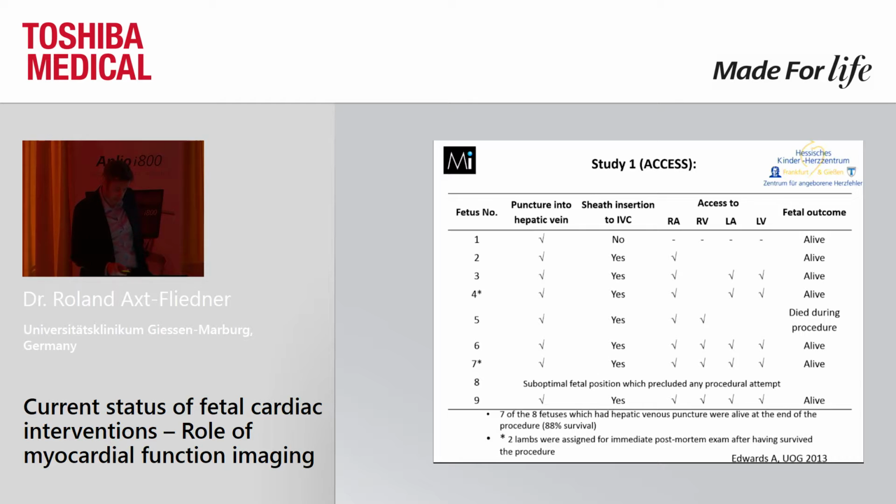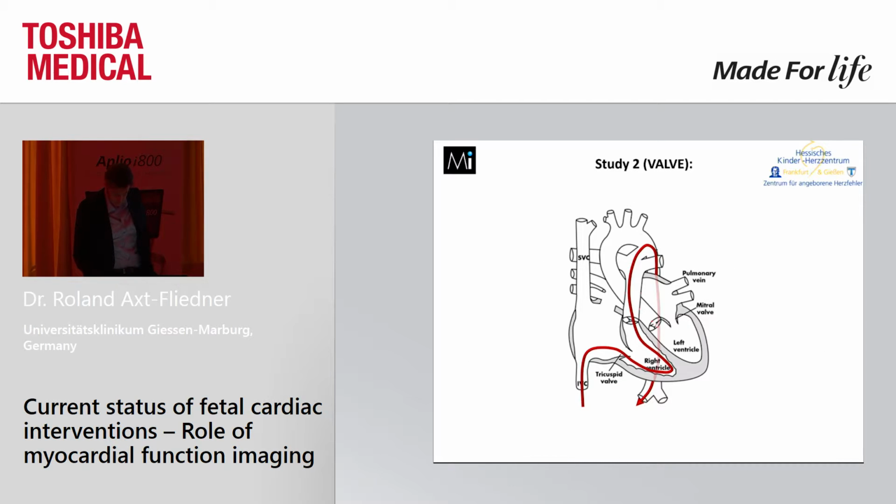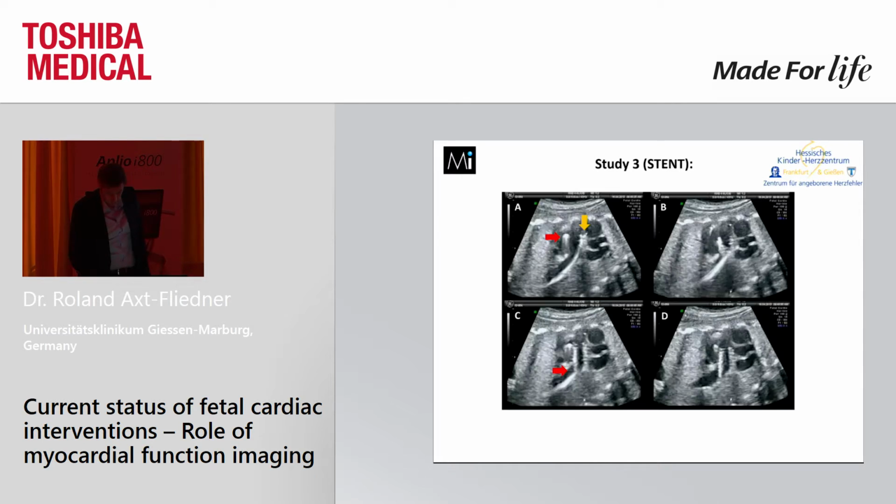And in a first study we did 9 sheep, and we saw that we could get access to the right heart in 8 sheep, and in 1 sheep it was not possible because of the position of the fetal sheep. Then we had another study where we looked at whether we could pass the tricuspid valve and the pulmonary valve, and this was possible in those 8 sheep.